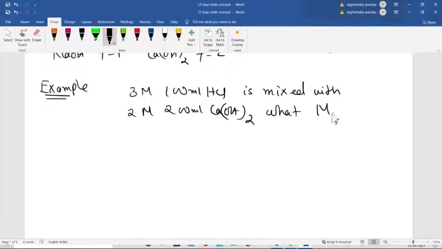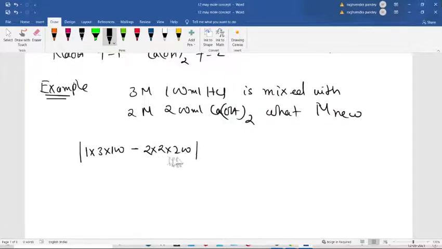What is m new? So the new molarity you have to find. We have to solve this in the normal manner as we have done till now. So 3 is for HCl, so take the mod value. F for HCl is 1, so 3 into 100 minus F factor for calcium hydroxide, which is 2, so 2 into 2 into 200.